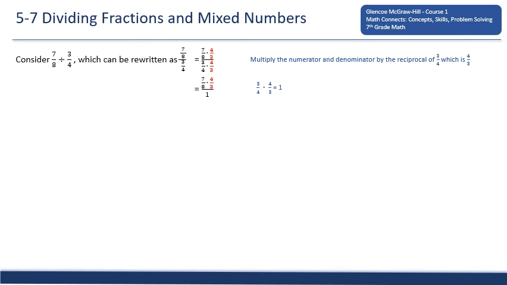So we can rewrite our fraction as 7/8 times 4/3 over 1. If we simplify that, we can just get rid of the denominator of 1 and get 7/8 times 4/3. So 7/8 divided by 3/4 equals 7/8 times 4/3.